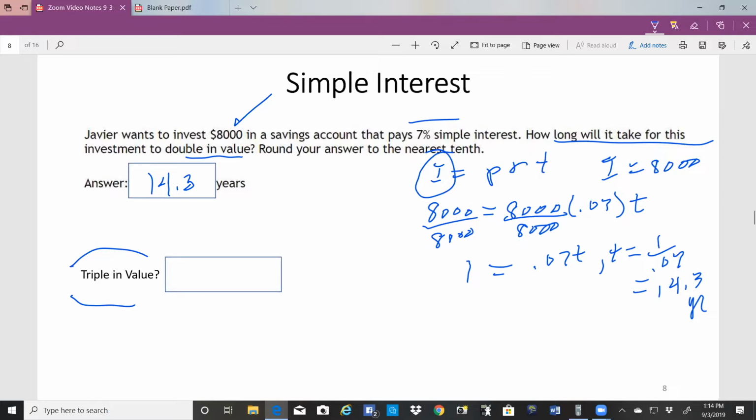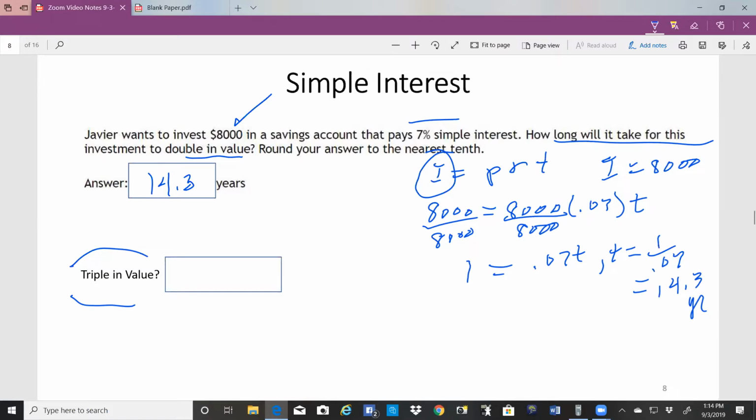To have triple your money. So would it be 14%? Oh no, I'm not asking for the interest rate you would need. How long would it take you to triple the value, still at 7%?